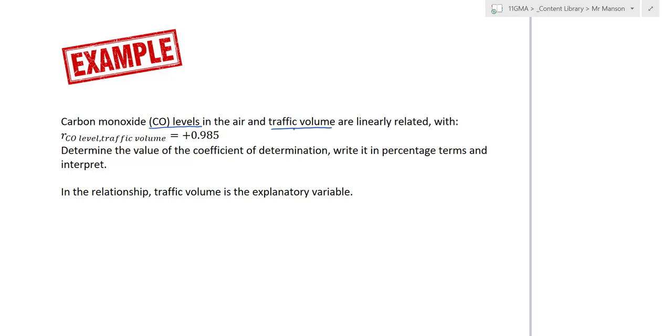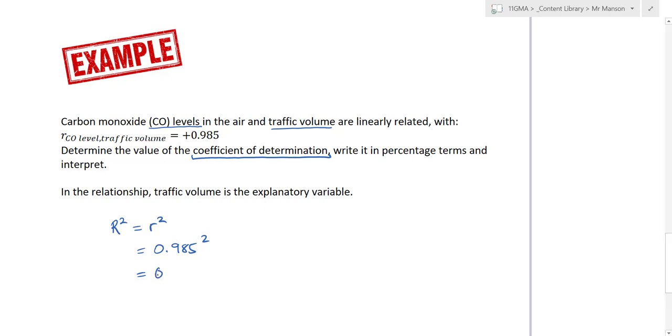So R squared will be equal to little r squared, which is 0.985 squared. This is really, really tightly linked. I don't know whether this is true data, but when I square that, I get 0.9702. Any questions on that?